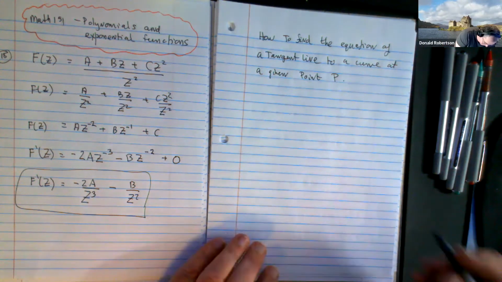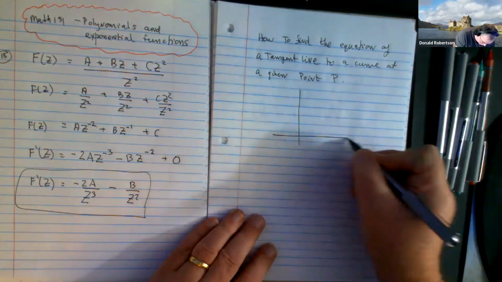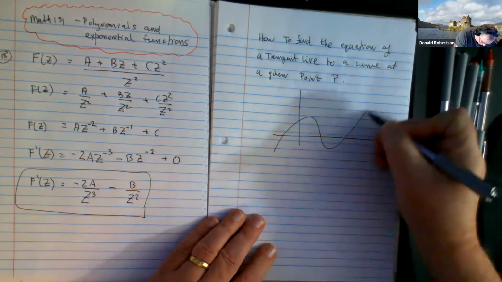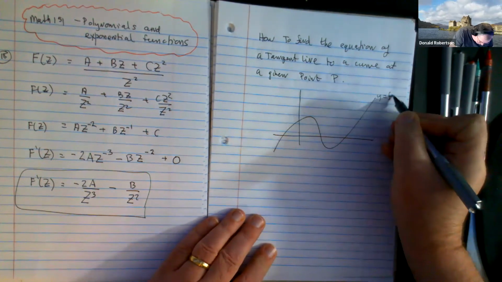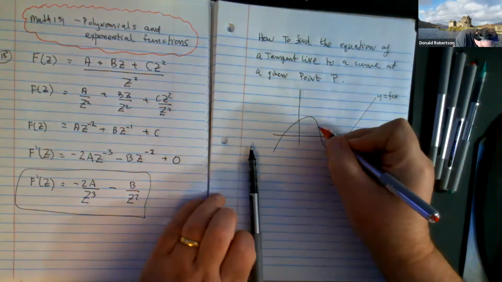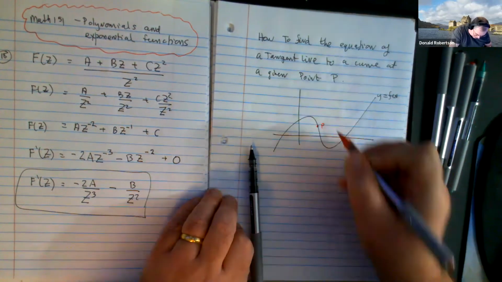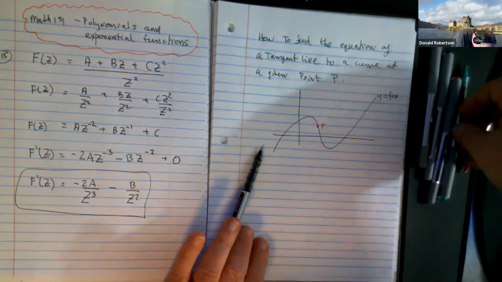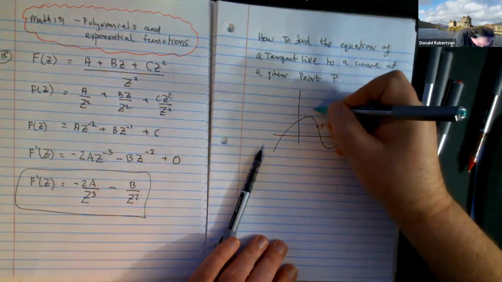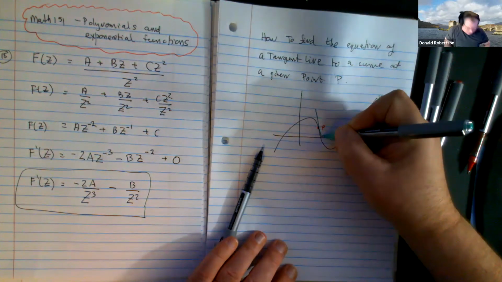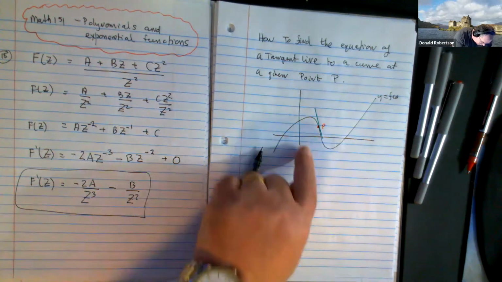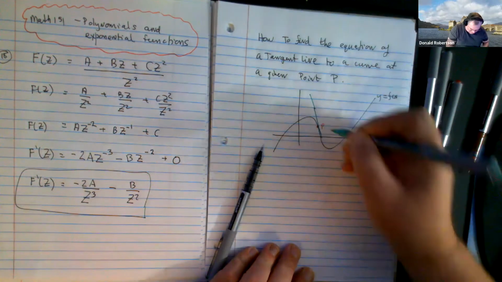So imagine that they gave me a function, y equals f of x. And at this point here is P. And at P there is a tangent line. You agree it's probably that line, right? We're being asked to find the equation of the tangent line.